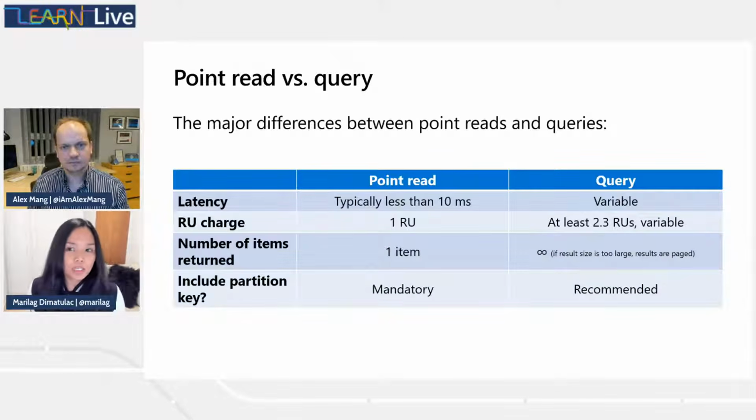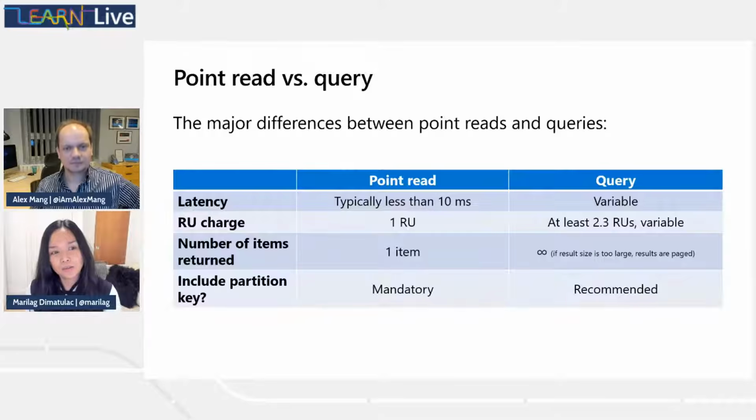Practically, if you do this via code, as you will see later in the demo, when you issue the query you're using the query iterator, and you expect to get a collection from that, and then you iterate over the collection to get that one item you are looking for. Or if you're using LINQ, you can do FirstOrDefault or something like that, which is unnecessary. But if you do the point read, then you just get one right away. So that's another difference, right?